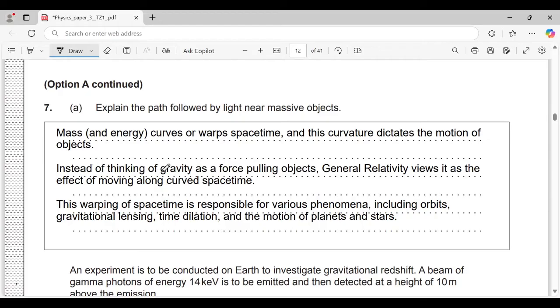Instead of thinking of gravity as a force pulling objects, general relativity views it as the effect of moving along curved space-time. This warping of space-time is responsible for various phenomena, including orbits, gravitational lensing, time dilation, and the motion of planets and stars. Next.